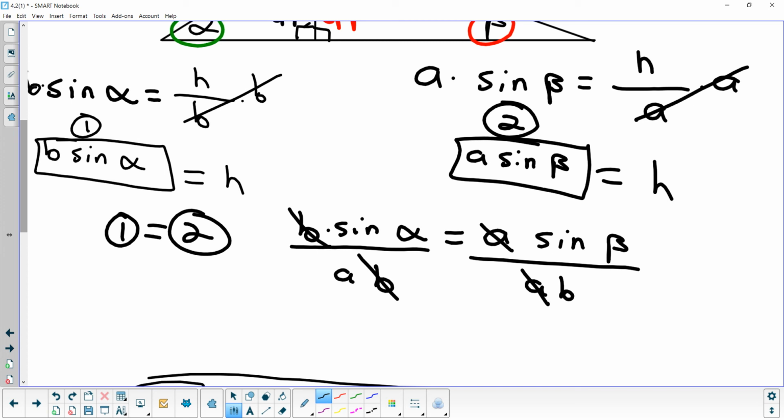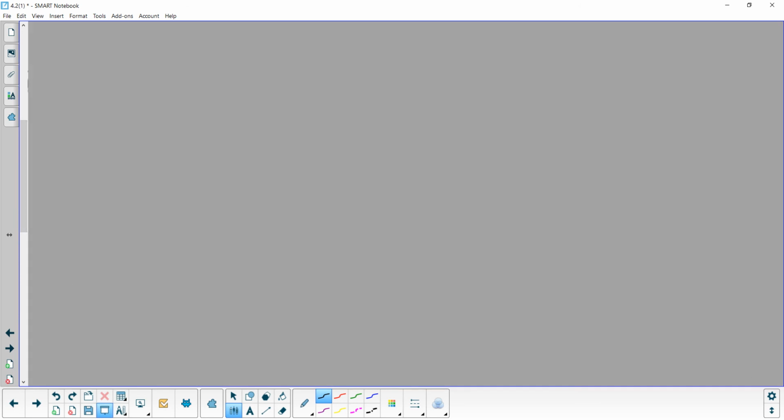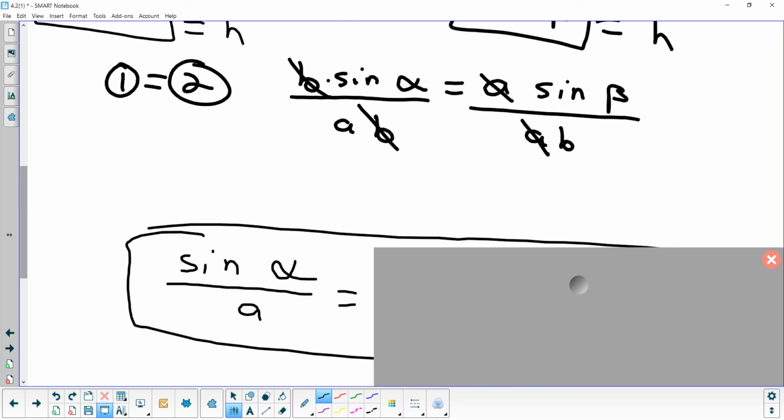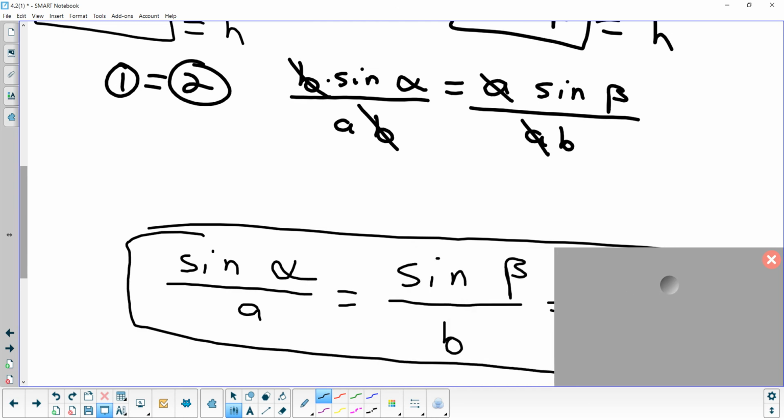And what we have there is basically the law of sines. It's the first two parts. There's one more part in it, but I think you'll be able to figure that out based on the pattern. So let's write this down. The law of sines says that the sine of alpha divided by a is equal to the sine of beta divided by b, which is equal, and there's one more fraction.